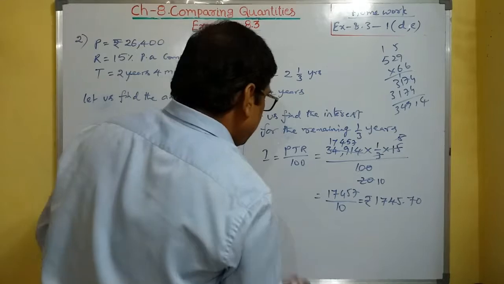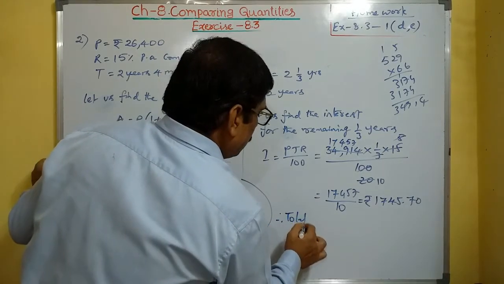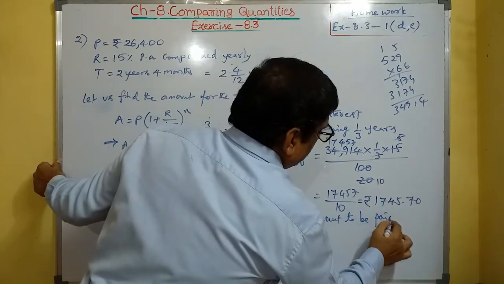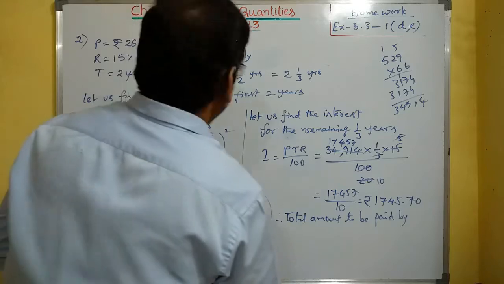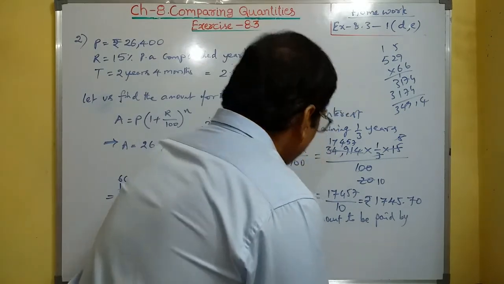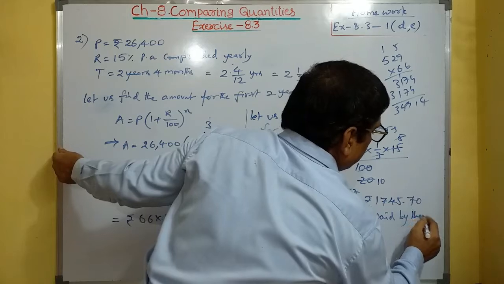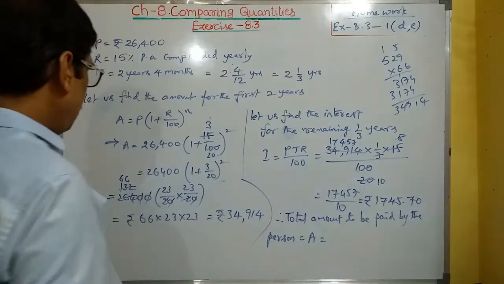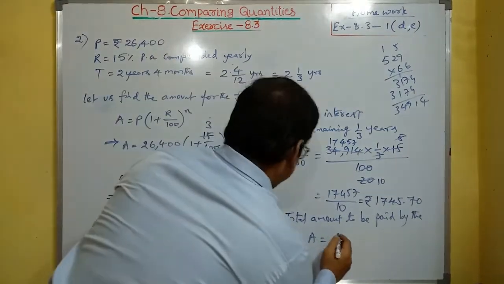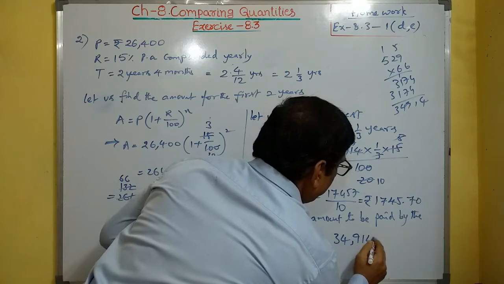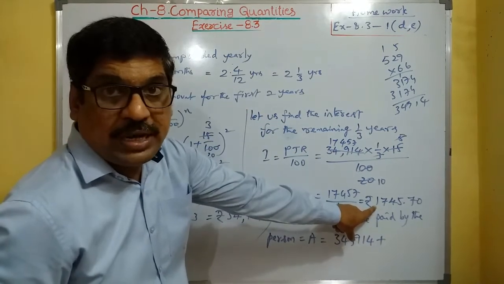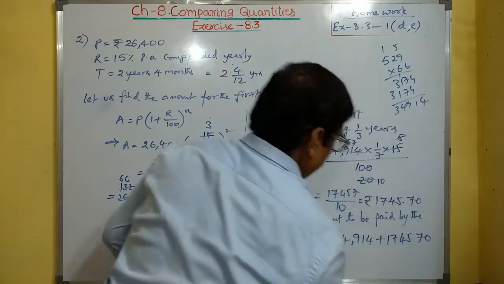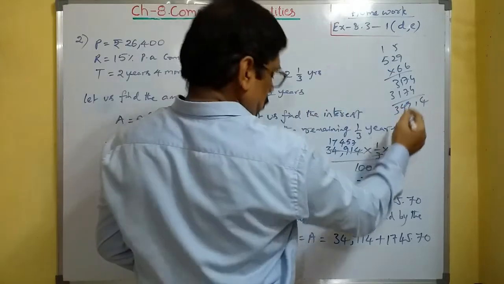Now we need to find the total amount to be paid by the person. A is equal to the amount up to 2 years, 34,914, plus this interest for 1/3 year that we also have to pay, 1745.70. Let us add these two.